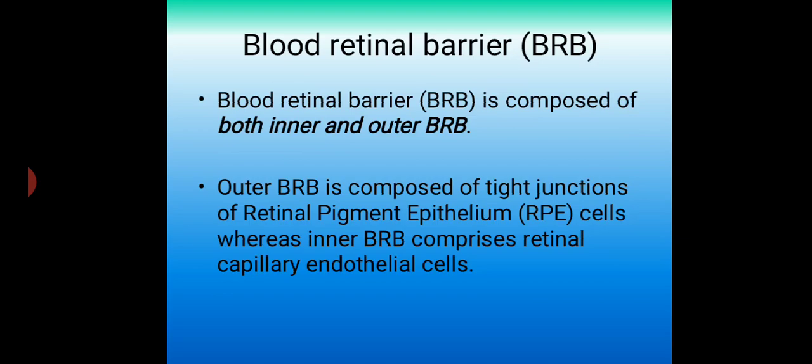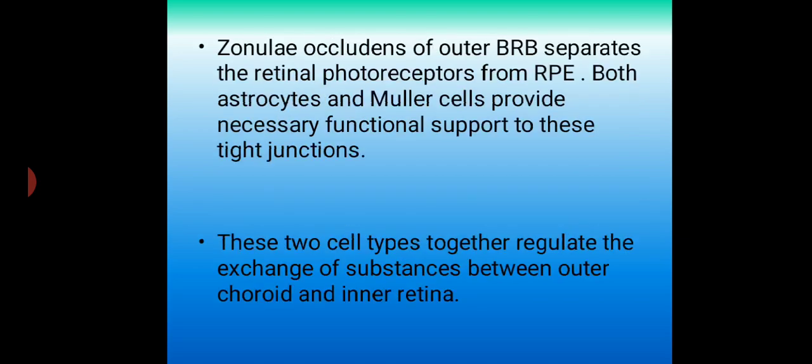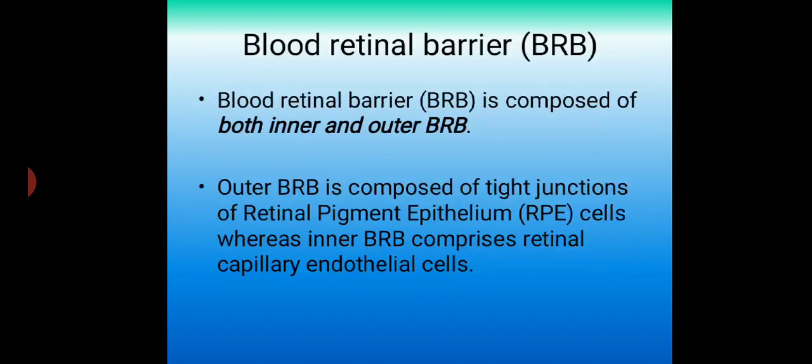I hope it's clear. Now, the zonal occlusions of the blood retinal barrier separate the retinal photoreceptors from RPE, that is, both astrocytes and Muller cells provide the necessary function to support these tight junctions. So here we discussed the outer layer is formed of RPE as well as capillary endothelial cells.